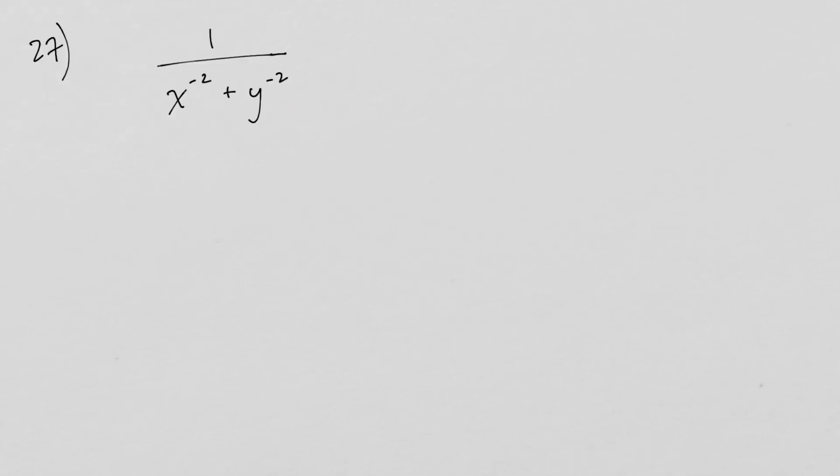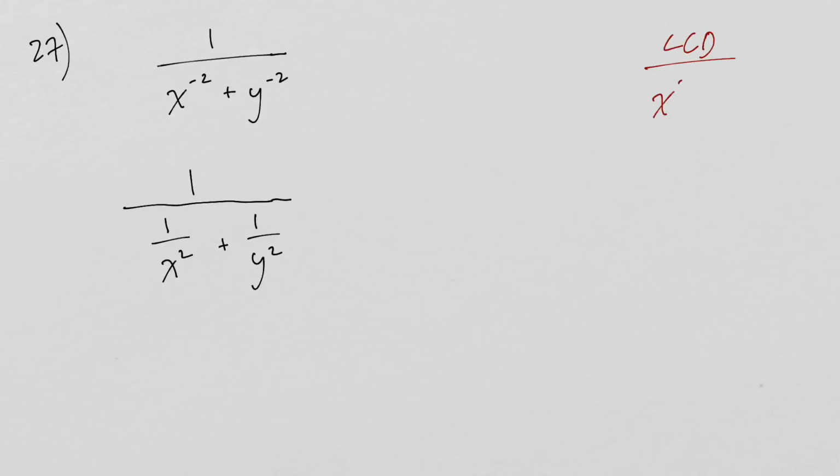Okay, when we do this, if we rewrite this, remember, any negative exponent is the inverse of that. So this is like this. And then the LCD in this case is x squared y squared. So when we multiply the top by x squared y squared, and we multiply this fraction by x squared y squared, and this fraction by x squared y squared, we can do some canceling in the denominator.